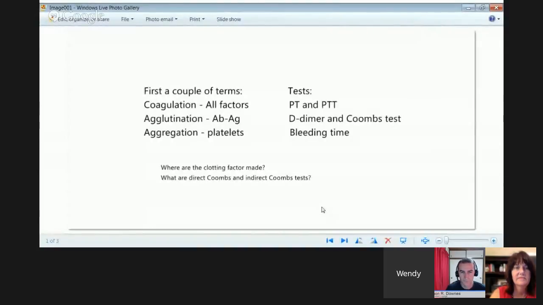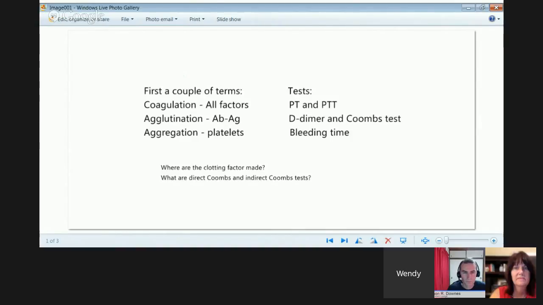All right. So I think that when we start talking about coagulation and blood, it's good first of all to be very clear about what you're talking about. I'd like to start with a couple of terms.